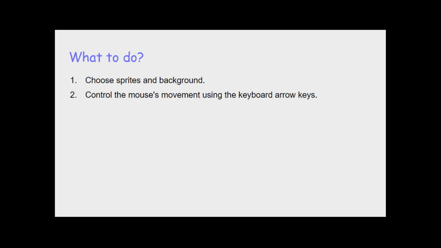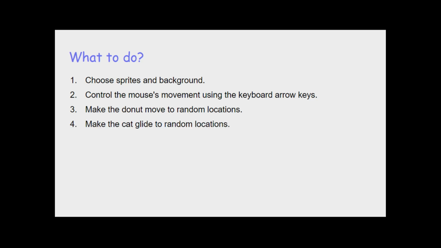For the sake of brevity, I've outlined the steps to create a cat and mouse game here. So first, what we need to do is choose our sprites and background. Then, we need to code the control for the mouse's movement, which is going to use the keyboard arrow keys. Then, code making the donut move to random locations, and similarly, code the cat to go to random locations, but this time it'll be a glide.